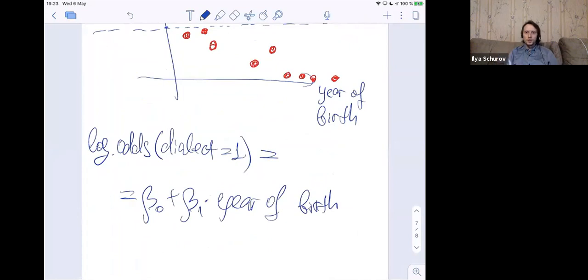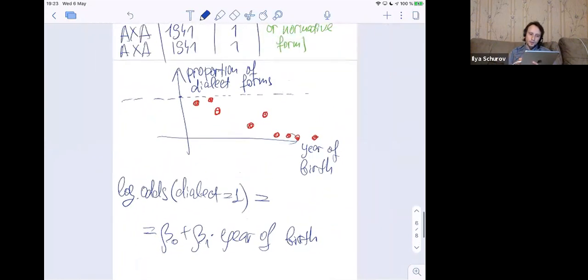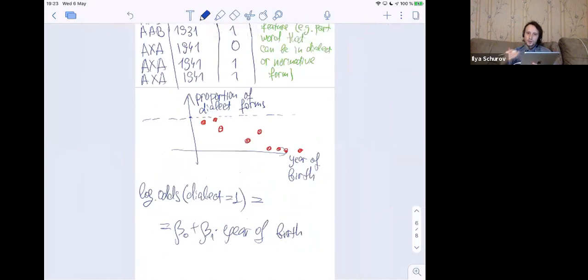But in this case, we ignore the fact that we have different speakers, different informants. And when we tried to use this model, I found that I don't like how this model behaves.